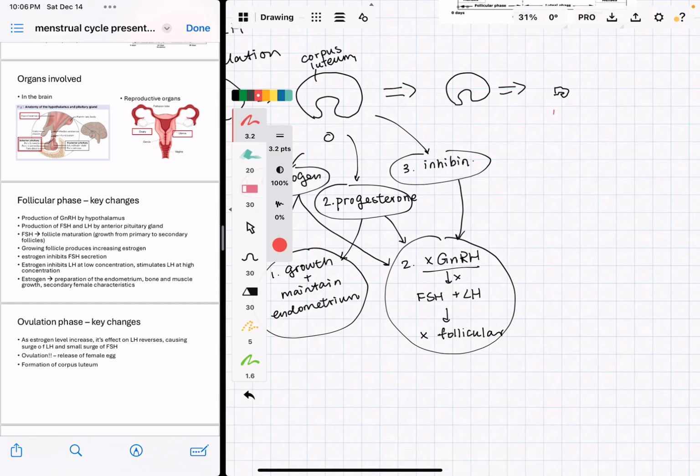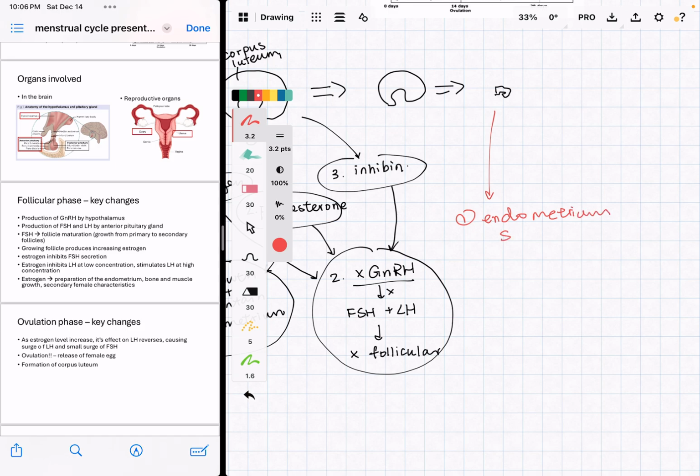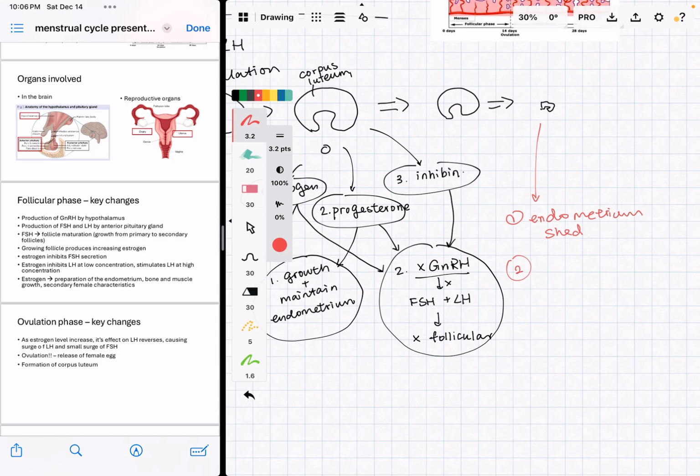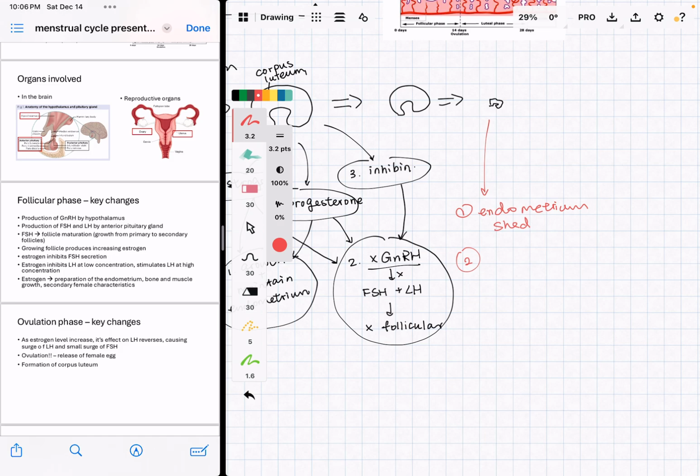Yeah, so first of all, the endometrium will no longer be maintained, and it's going to slough away, and that's going to cause bleeding, and that's going to end up becoming what we call the period. So endometrium shed. And the second effect is that because inhibin, progesterone, and estrogen levels will decrease, it's going to lift the inhibitory effect on GnRH.